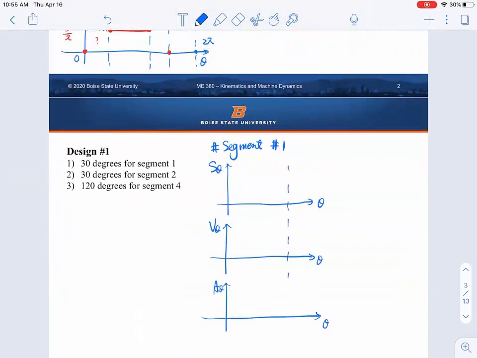We know that it starts from 0 and ends at 1/6 pi. We can name these as theta naught, the starting point of that segment, and theta 1, the ending point of the segment. And then beta is theta 1 minus theta naught. Again, it's 30 degrees.